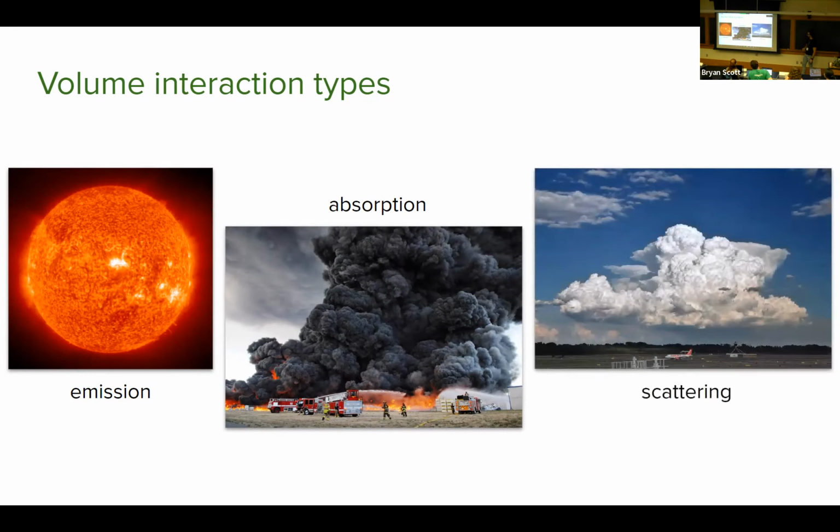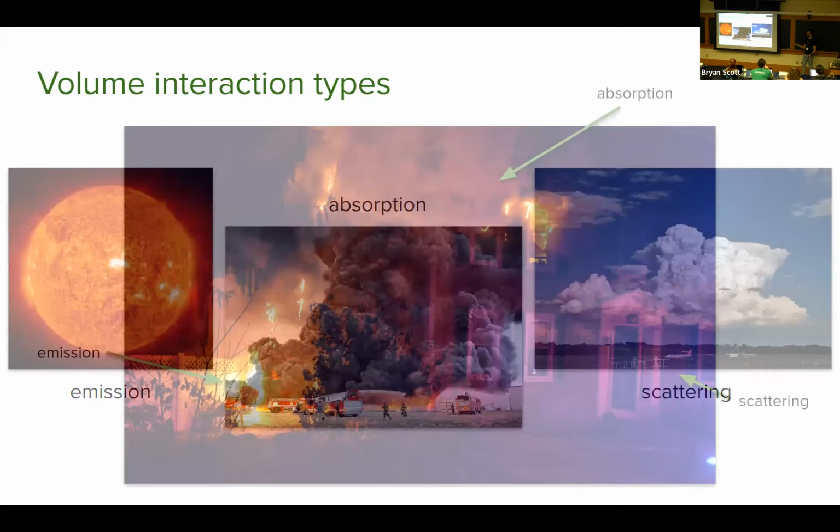And for scattering, clouds are an excellent example. Clouds are almost purely scattering media, so they get to be very bright, and again you see all those features on the surface. But of course, any real medium is a combination of these three effects. We don't really glow that much.